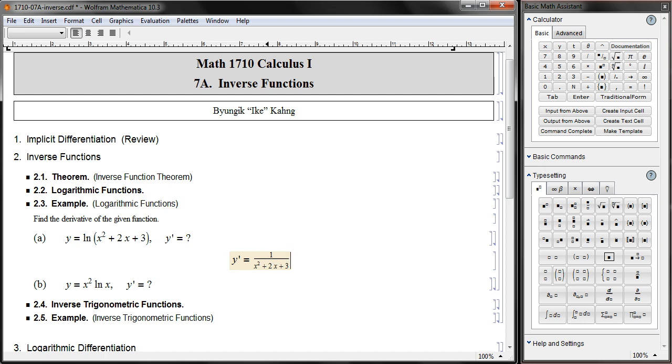And by chain rule, you have to multiply by the derivative of the inside, 2x plus 2. But then again, you're multiplying to the numerator, excuse me. So in the end, what do you get? You get 2x plus 2 over x squared plus 2x plus 3.